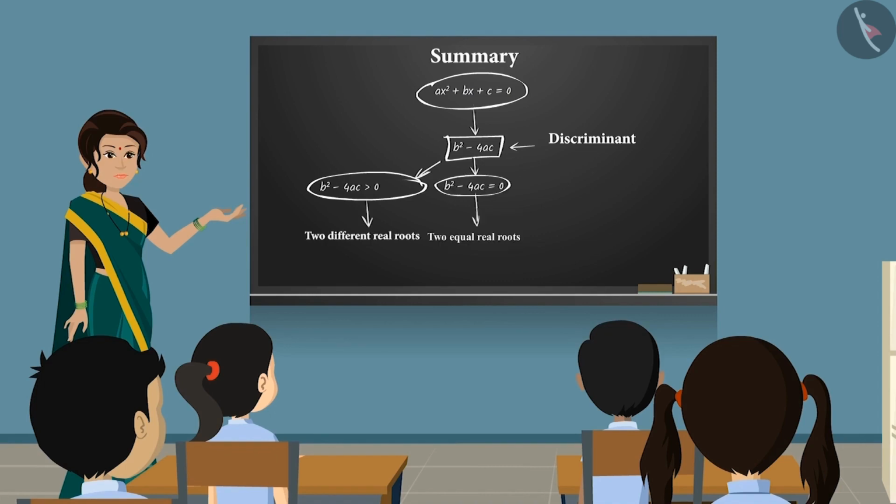Is equal to 0, then the equation will have two equal real roots. Is smaller than 0, that is negative, then the equation will have no real roots or two unequal imaginary roots. In the next video, we will see some interesting examples based on this.